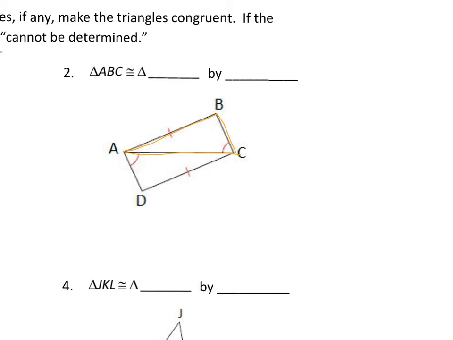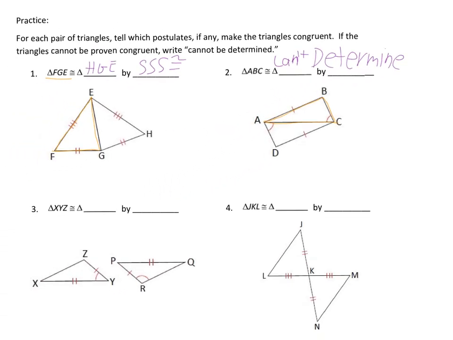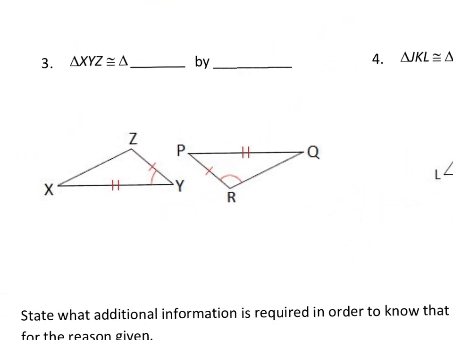So, is it congruent? Well, can't determine. We don't have 3 sides that are congruent. We don't have 2 sides and the included angle between them. Therefore, we cannot determine if this is actually congruent to another triangle. So we move on.